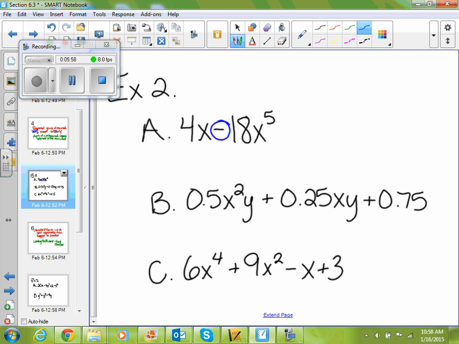We know it's a polynomial because of the minus sign. That tells me I have more than one term. The other thing that I need to find is my degree. My degree is my biggest exponent. My biggest exponent in part A is this 5. So that tells me this is a 5th degree polynomial.